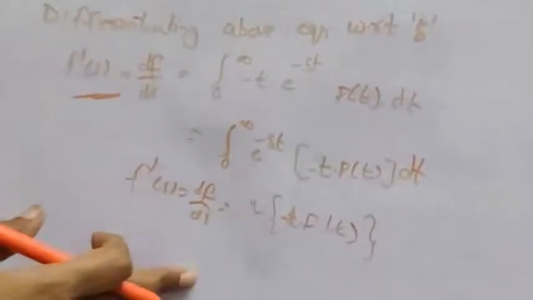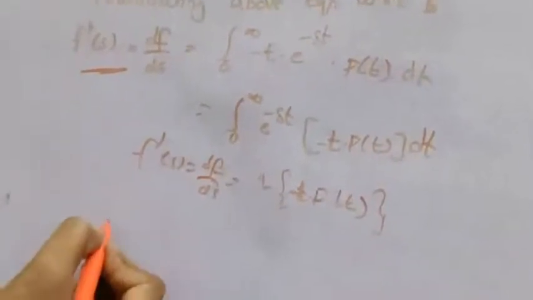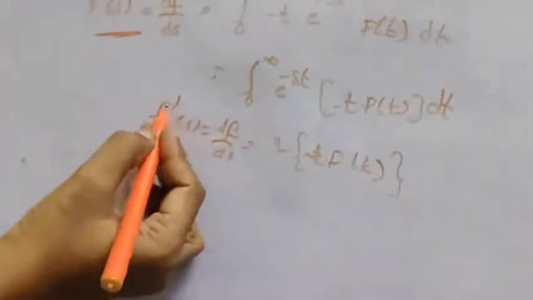Now, if we carry out differentiation n times, then we are going to prove F n of s. For one time we apply differentiation, so f dash.